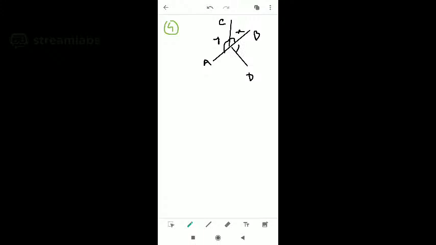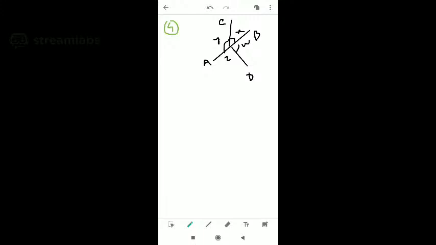Question number 4. So diagram is given. So here given that this one is A, this is C, and W and Z. So here x plus y is equal to w plus z.